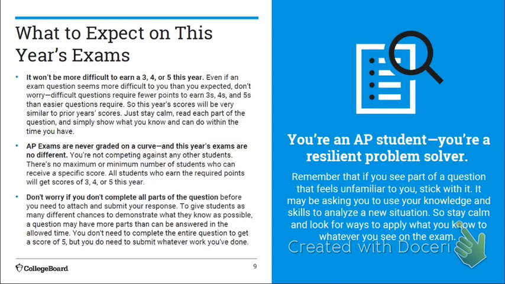So if you'll notice in that second sentence, it says, to give students as many different chances to demonstrate what they know as possible, a question may have more parts that can be answered in the allotted time. You don't need to complete the entire question to get a score of a 5. But of course, you do need to submit whatever work you've done.